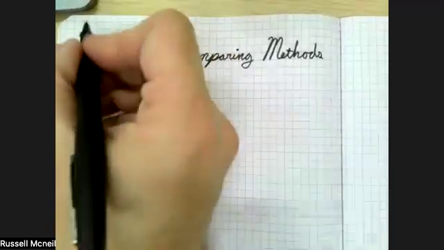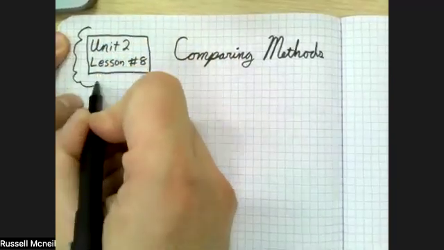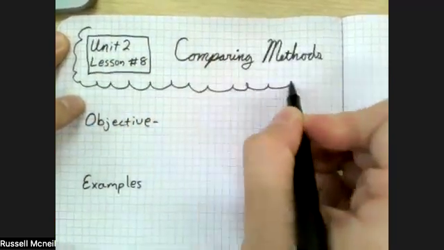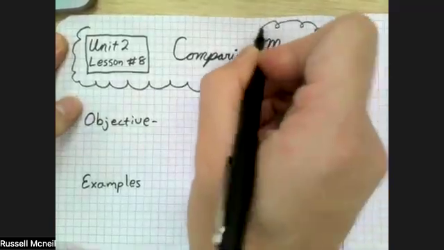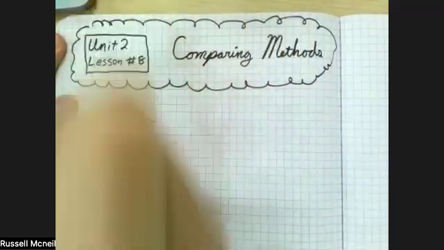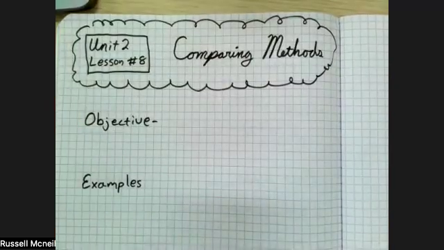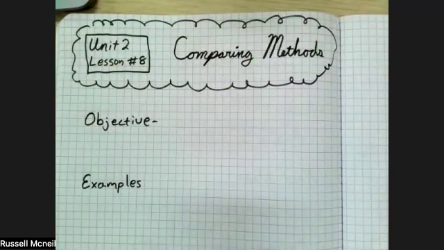So today is a bit of a review of the last few lessons. As an entire class, we've been doing really good with exploring these methods for multiplying one digit by two-digit numbers.